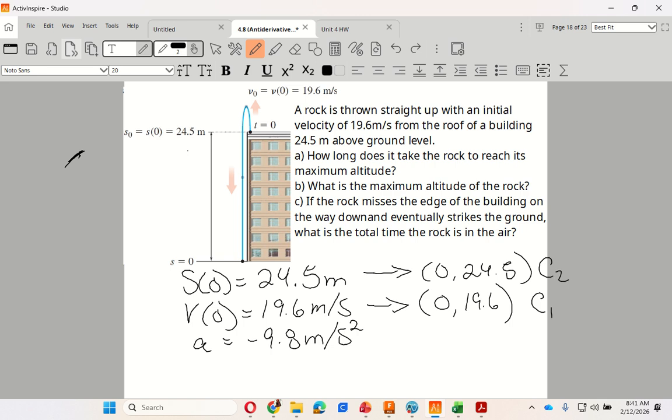Maximum altitude, right? So if it's going to be a maximum, I need to find the derivative of the position, and then do what with it? Equals 0. Very good.